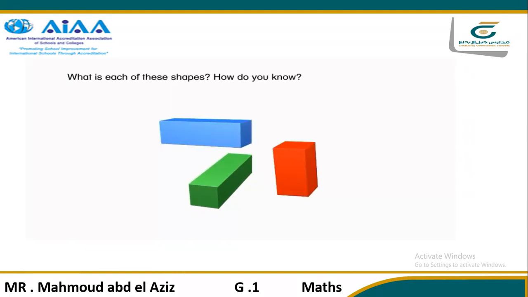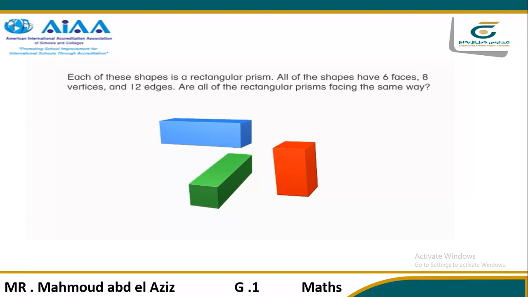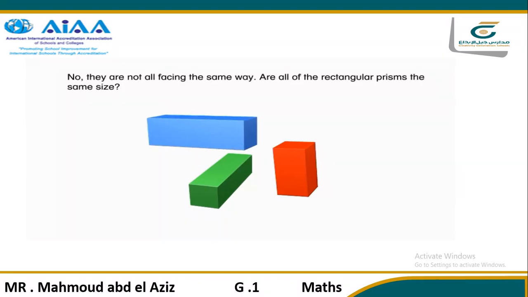What is each of these shapes? How do you know? Each of these shapes is a rectangular prism. All of the shapes have 6 faces, 8 vertices, and 12 edges. Are all of the rectangular prisms facing the same way? No, they are not all facing the same way.